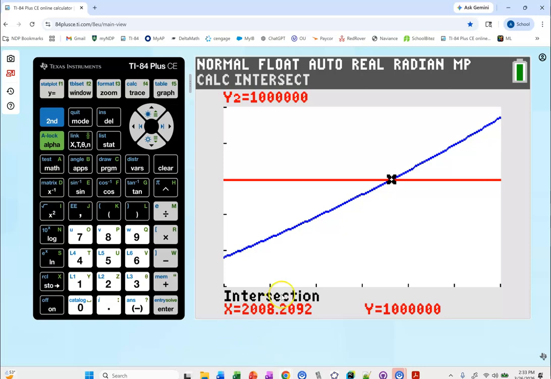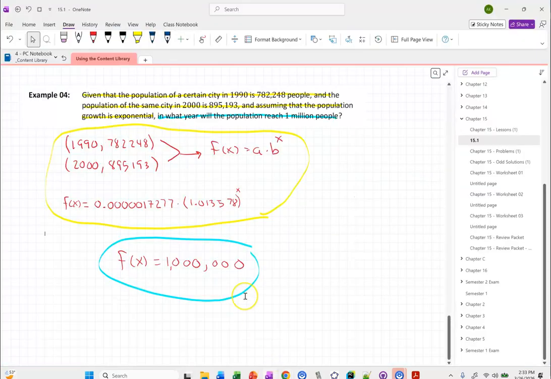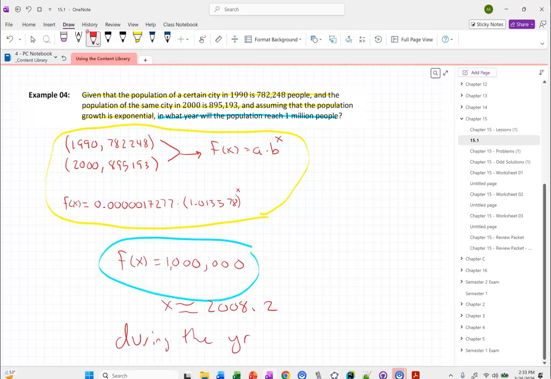So I have to be careful about how the question is worded here. So I would say x is equal to 2008.2 something. So I would say during the year 2008.